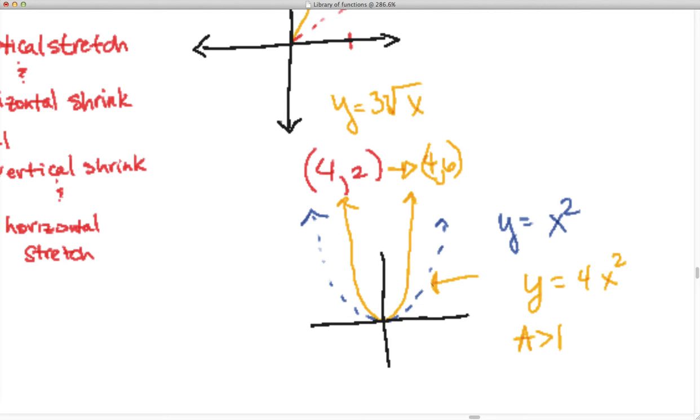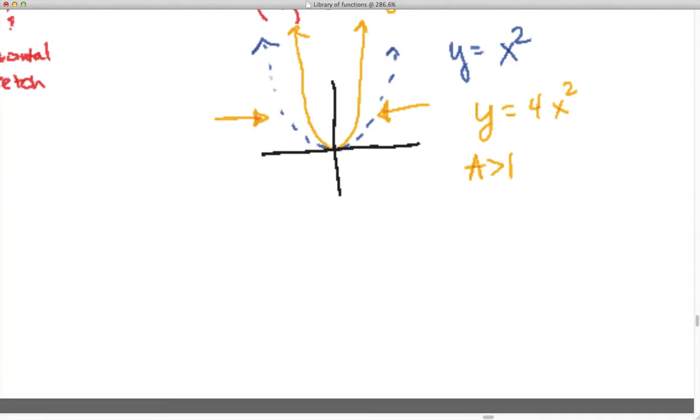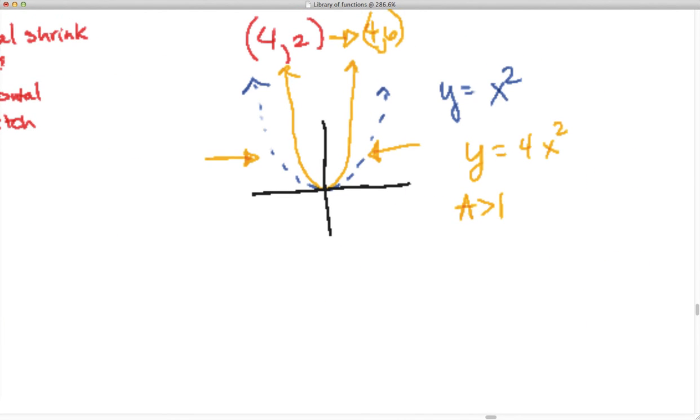We moved in this way. Whereas if I had multiplied by a fraction, it would have made it lay down a little bit fatter, and the opposite would have happened.